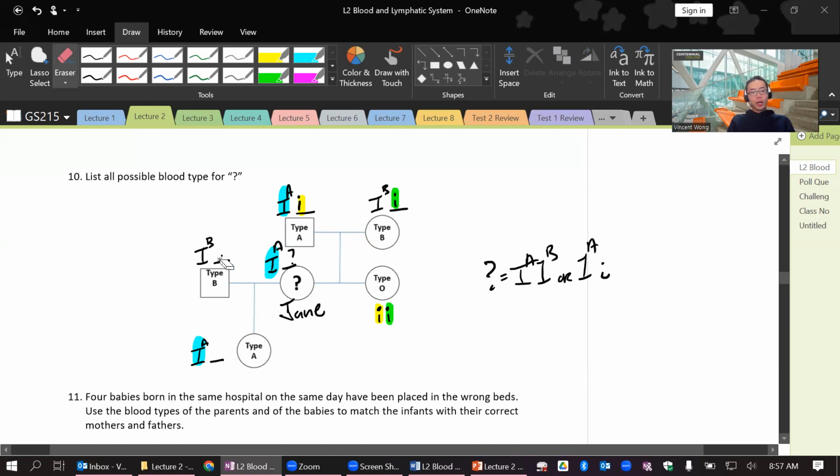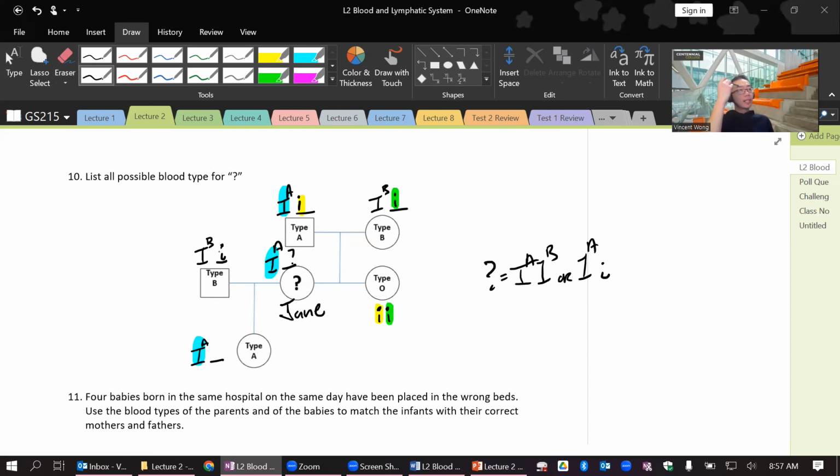If this person is type A, then doesn't that guarantee the father has to be IB little i? Because if he's IB IB, then it's impossible for this person to be type A blood, because he would only be able to pass on IB, right? So yeah, you're absolutely correct. So we do know for certainty that this is heterozygous. Okay. All right, I have another question in the chat.